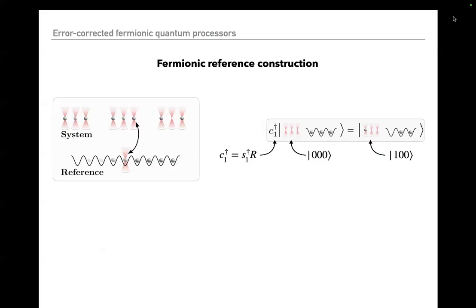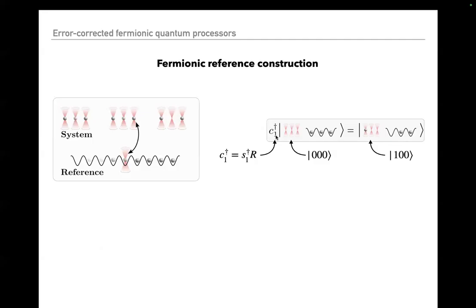For a specific example, you could think about the first mode over here, and you may start here with empty tweezers. Let me denote this entire state here as 0, 0, 0, indicating that there's no fermion in the tweezer modes. However, we start with a filled reference.